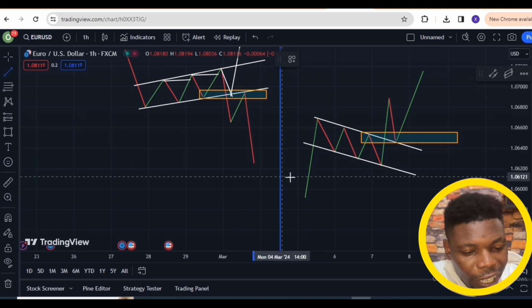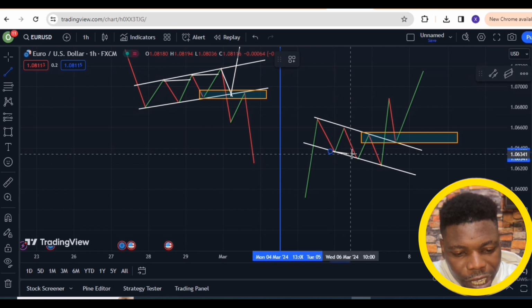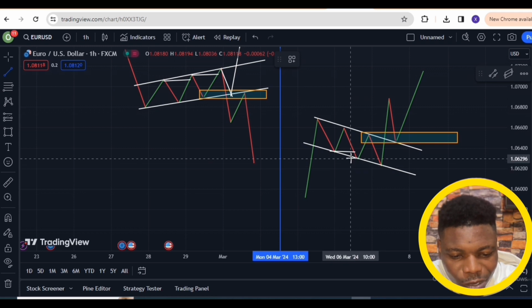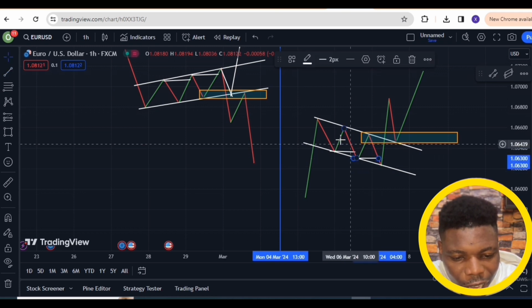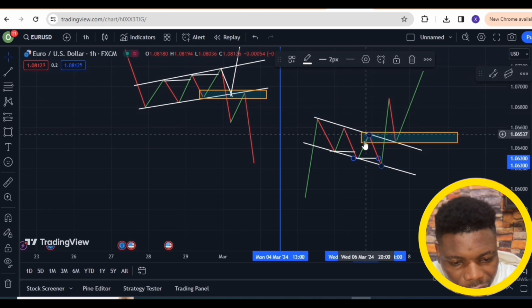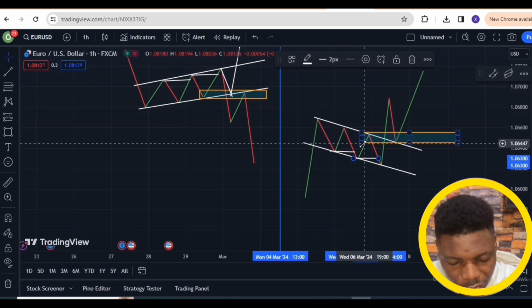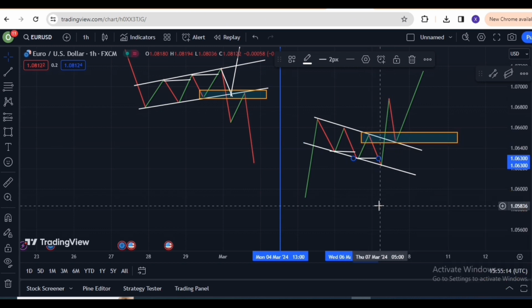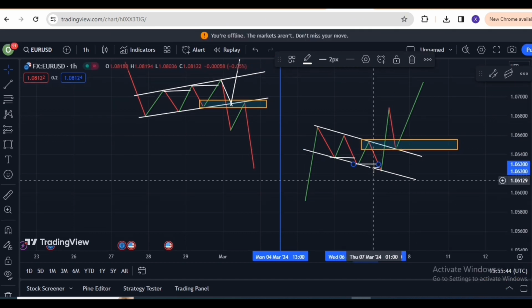Because if you notice here, it just showed that we are on a downtrend. The lows were being broken here, so it shows the trend of the market is trying to change. Some people may have placed a sell order here and got the trade. But now a whole lot of traders will want to sell here, so the people that were stopped out here will be the ones the market uses as fuel.